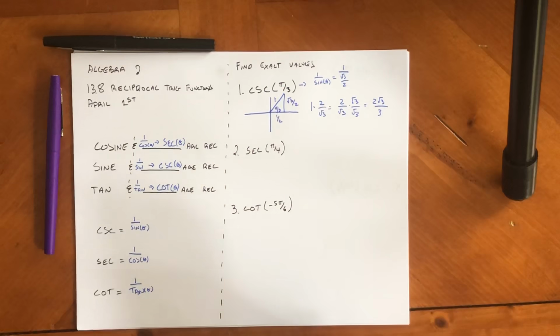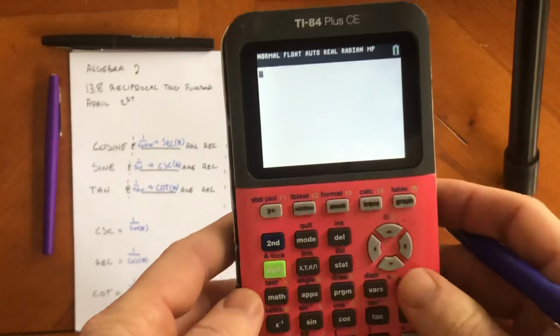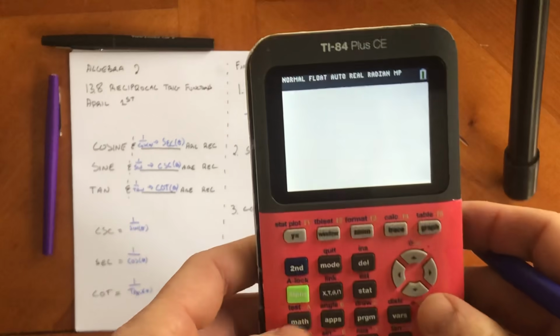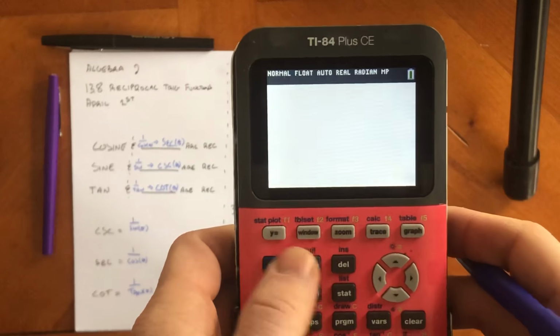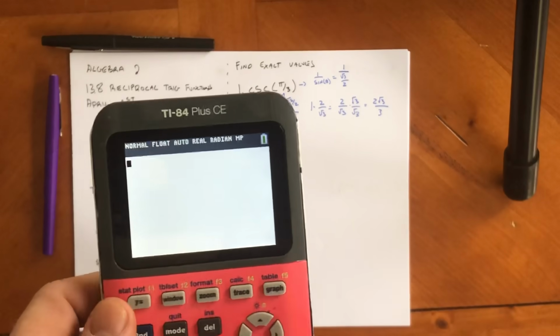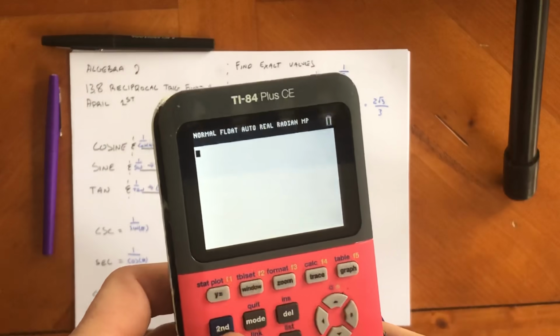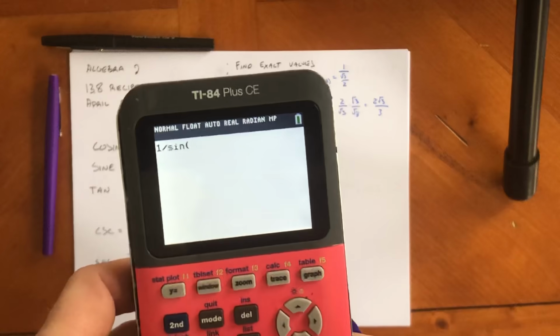Now if you want to check it, the first thing you have to do is make sure your calculator is in radians. I go to mode, and that's all good. You can't type in cosecant in your calculator. What you have to do is type in 1 divided by the sine of pi over 3.